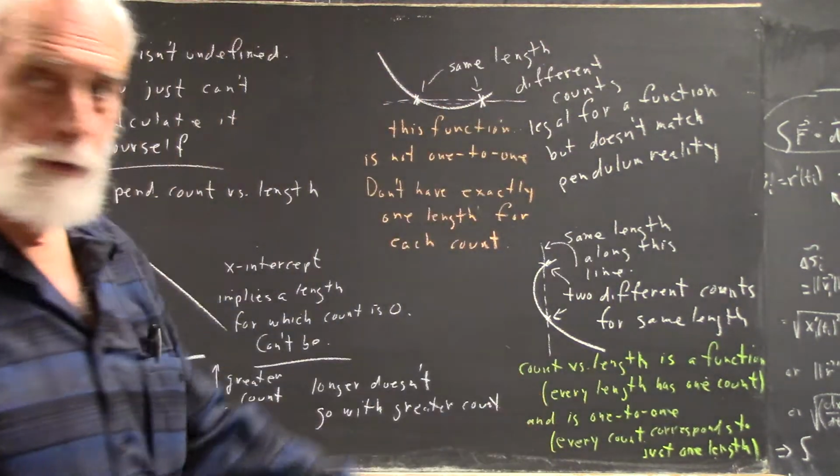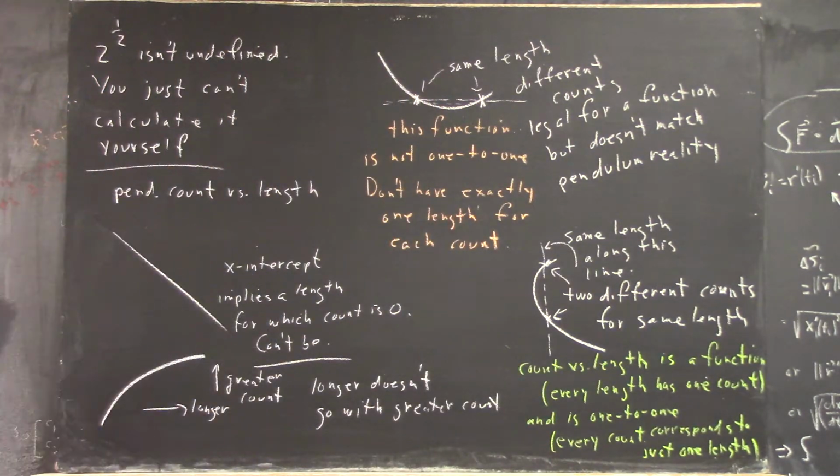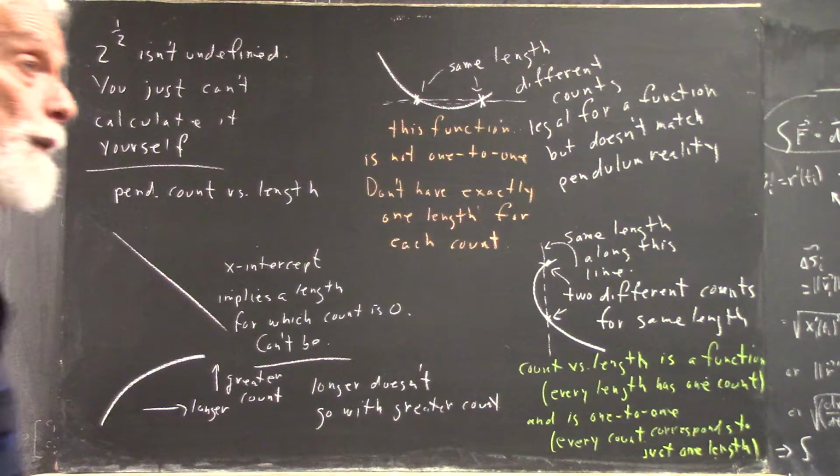So I said every count corresponds to just one length. Okay? We understand those statements about a pendulum, right?